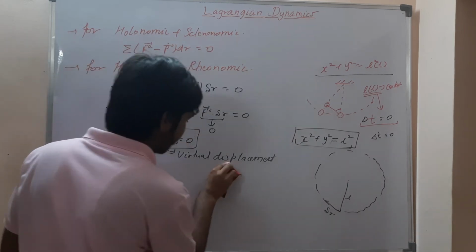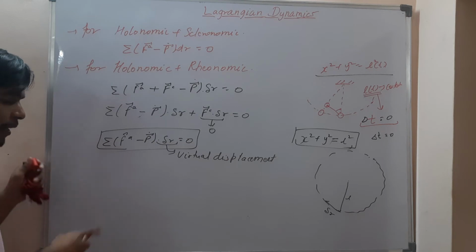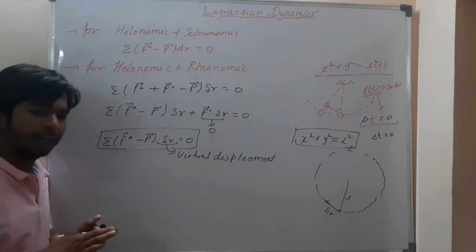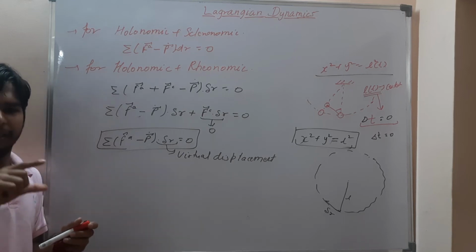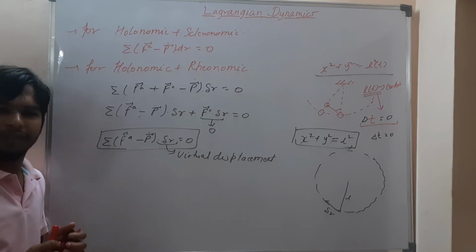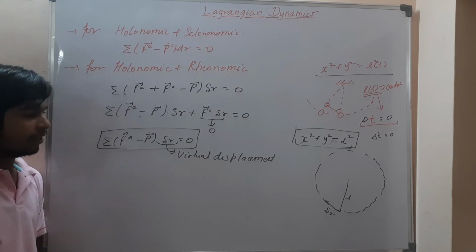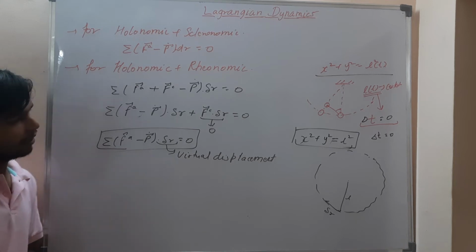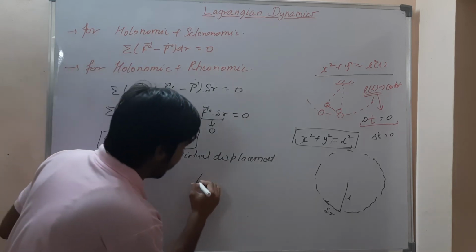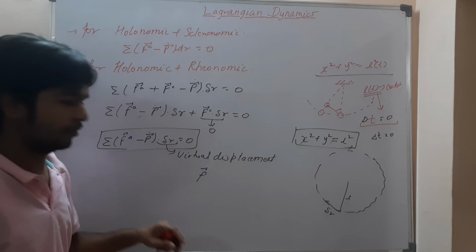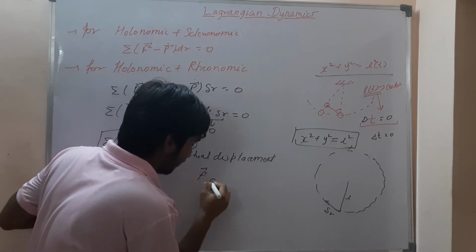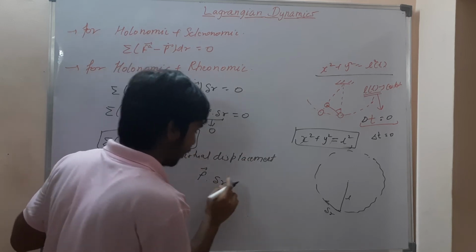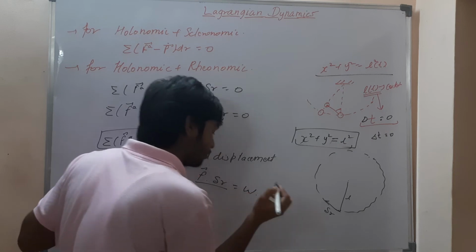What is virtual displacement? At time t, we are not giving any space of time. At time t, if any very small displacement happens in a system, that is called virtual displacement. And virtual work is nothing but the work done by a virtual displacement, for any force, not just constant, any random force F dot del R. So this is virtual work.